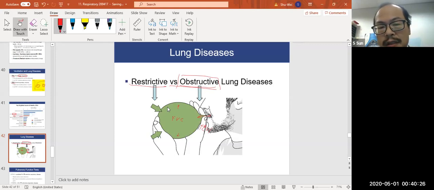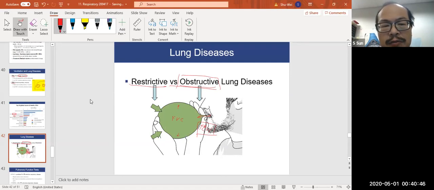So to quantify and detect it, we will see a reduced FEV1 from this patient, but we probably will see the FVC remain the same when the patient has obstructive lung disease.